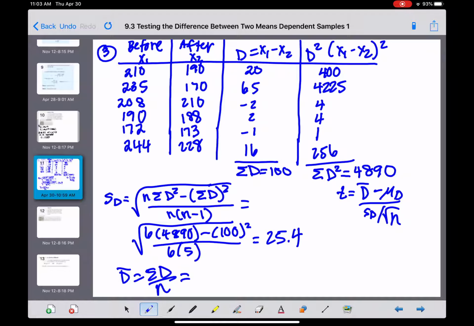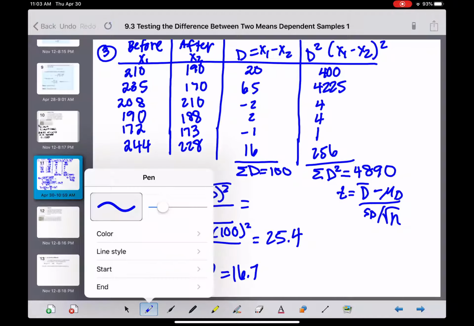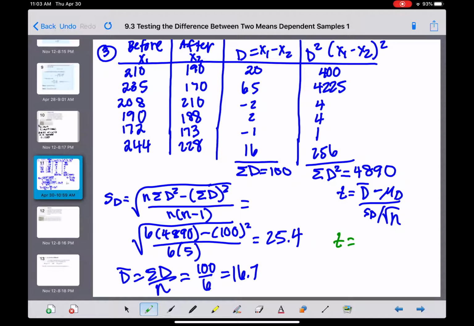And so that's 100 divided by 6, which is 16.7. Okay, so now I'm going to find my test statistic. So 16.7, and we're assuming the difference is 0. Then we have 25.4 divided by the square root of 6. And for that value, I got 1.610.